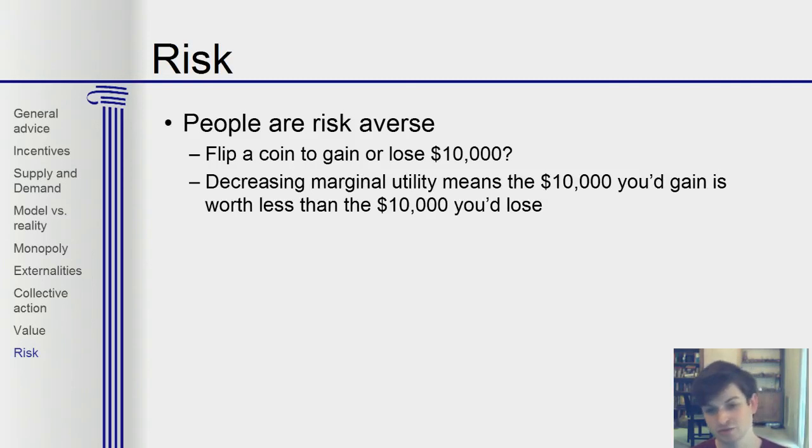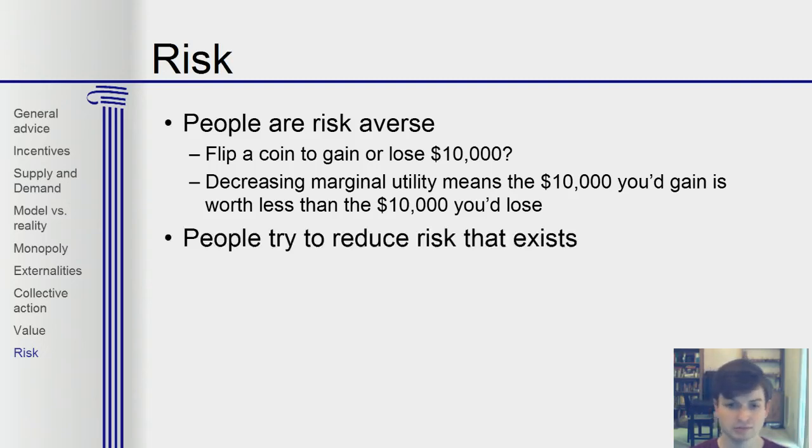It's because of the decreasing marginal utility of money. The $10,000 that you'd gain is worth less to you than the $10,000 that you'd lose, because as you get wealthier, each $10,000 is worth less to you. So while this gamble would be an even value in terms of how much money you would end up with, it's a negative value in terms of how much happiness you'd end up with.